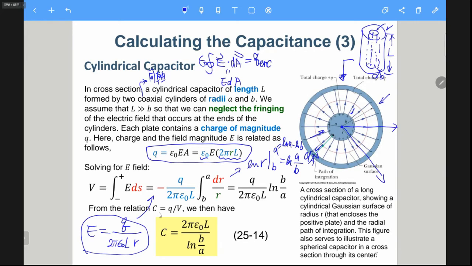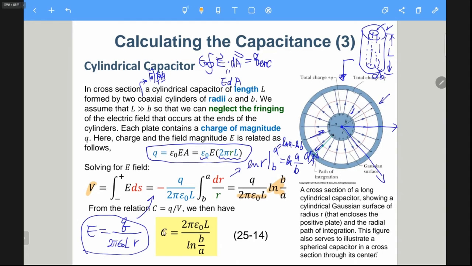So finally, we would like to find C equals Q over V. Which means that we just move this V to the right side and move all this term to the left side. So this is Q over V equals C. And finally, C will be 2 pi epsilon naught L, which is this term, and log B over A is actually this one.